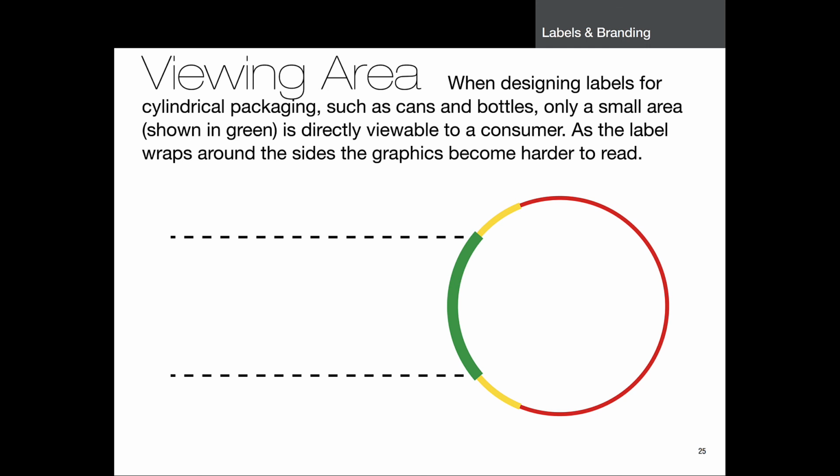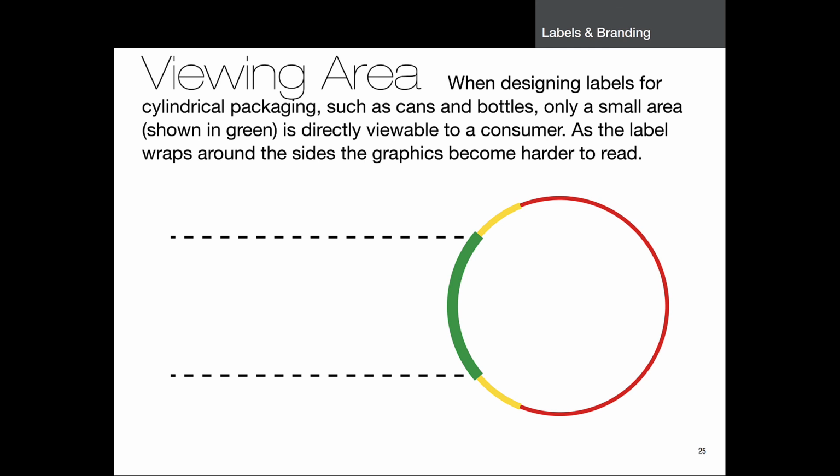If you design a really wide label, remember it's going to start wrapping around the sides of the bottle. So if you put important information off to the far left or far right, you could be in a situation where your viewer is only looking at a partial word.